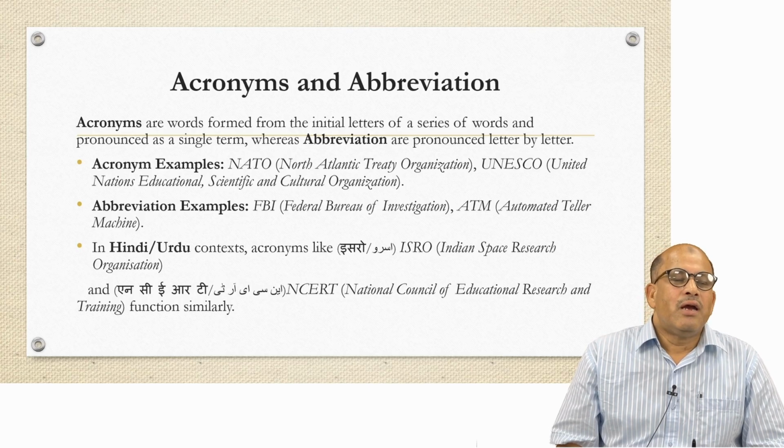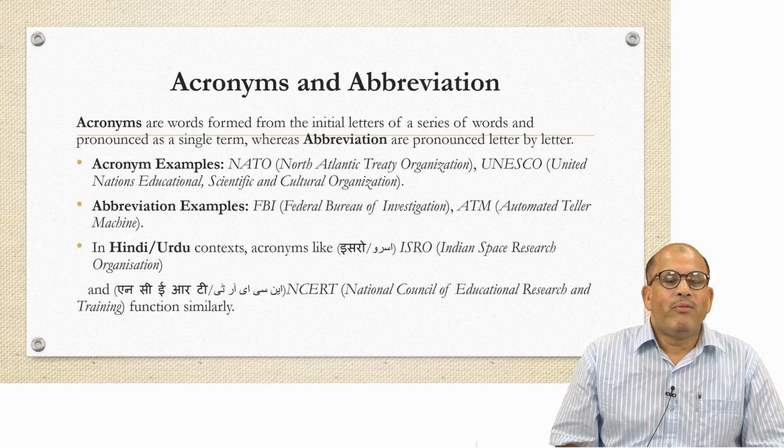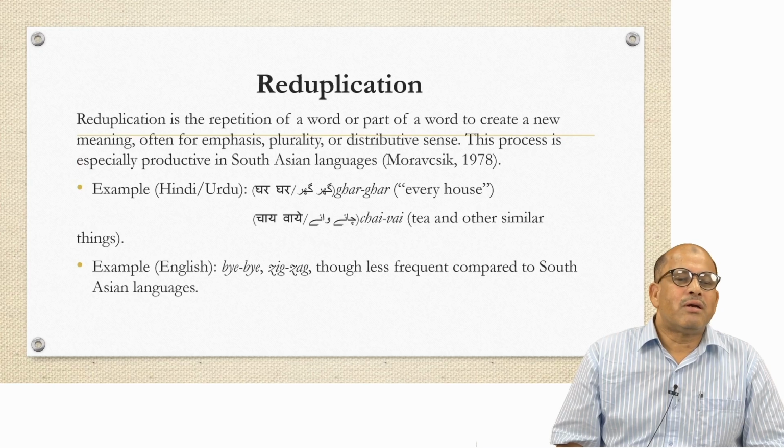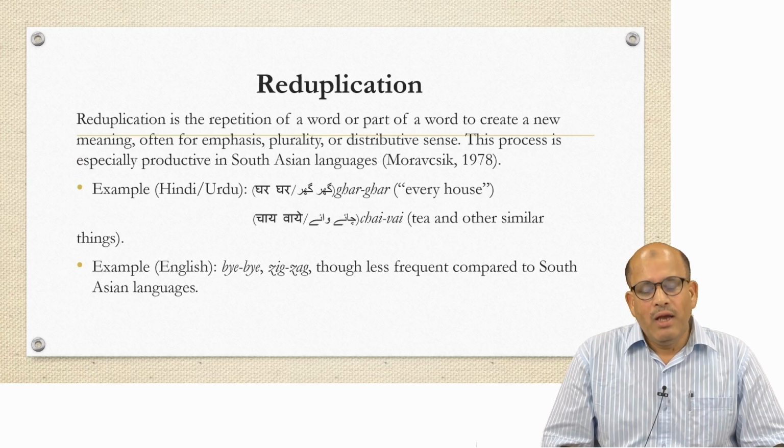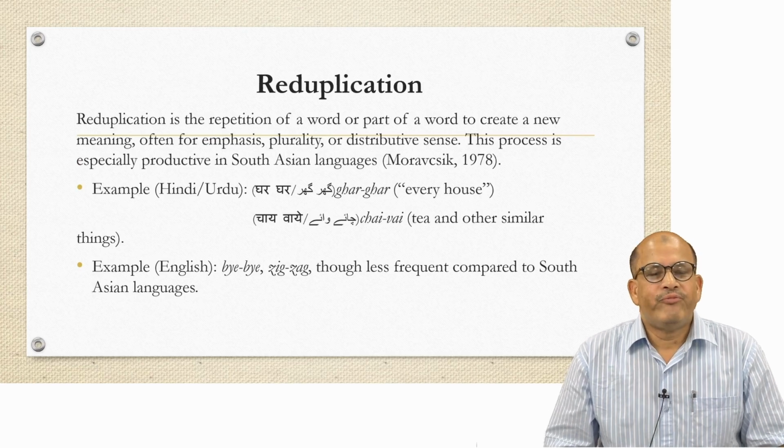So the basic difference is that in acronyms we pronounce the letters like a word, whereas in abbreviations we pronounce every letter separately, referring to different organizations or descriptions.